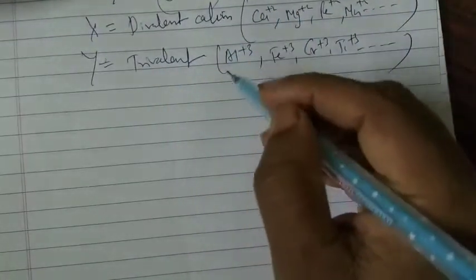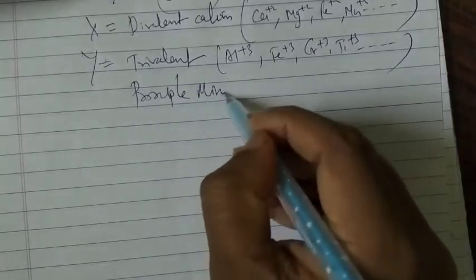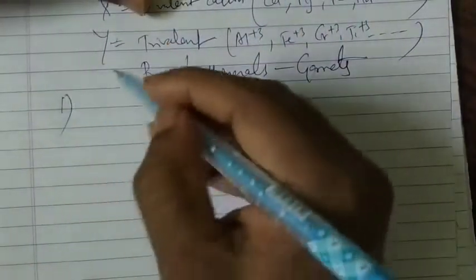Among this, if you see the principal minerals of the garnets, there are some very important garnets here. That's grossular.